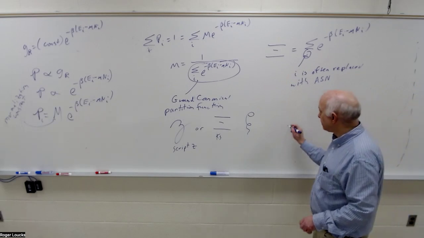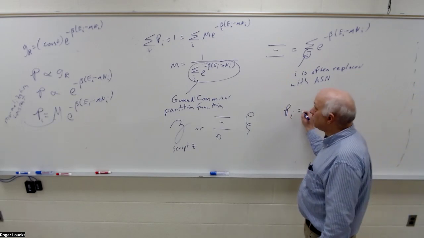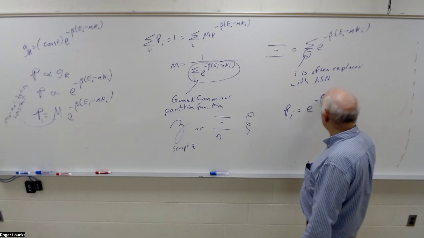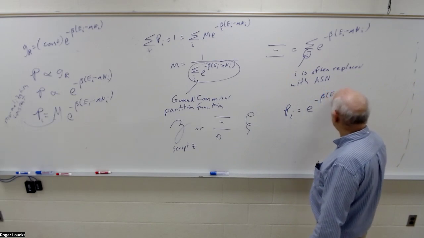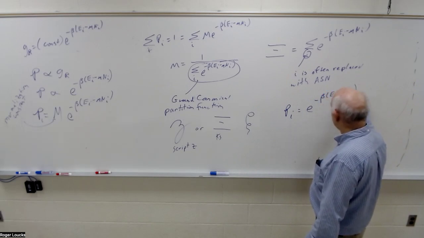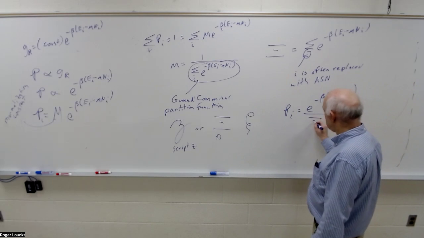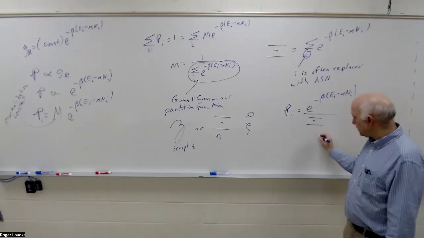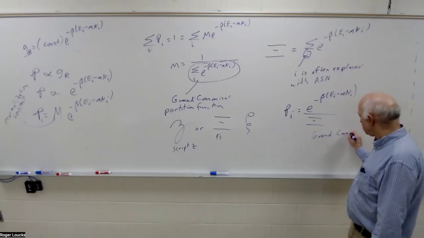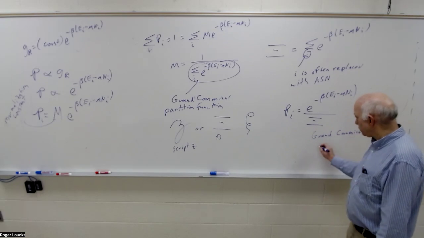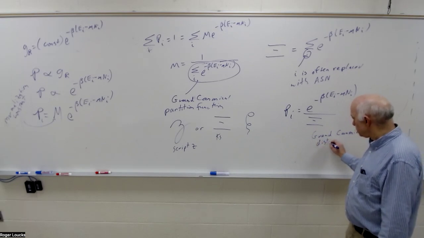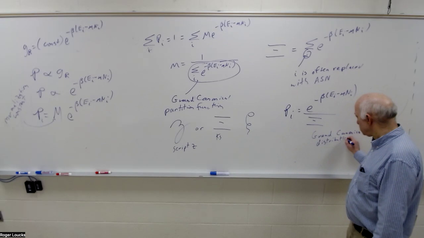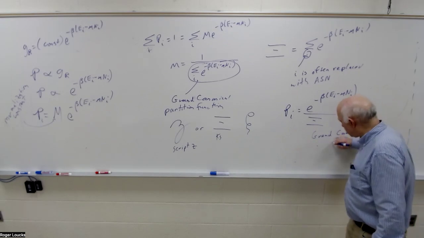What we're left with is that our probability then is this fellow here. This is your grand canonical distribution, or it should say ensemble.